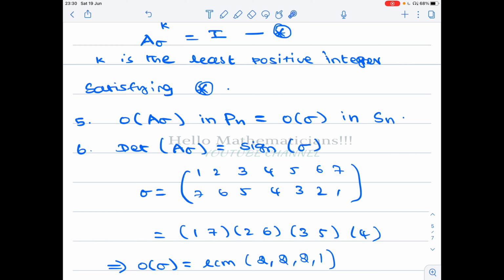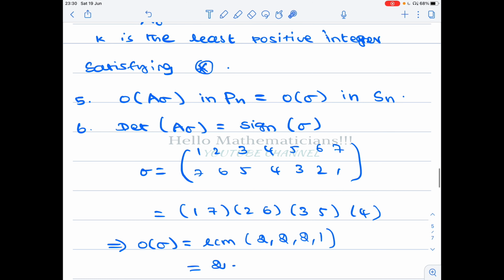What is the sign of sigma? Again, you can check in that video. So now using these two results, order of A sigma equals order of sigma, and determinant of A sigma equals sign of sigma, we will solve this problem.